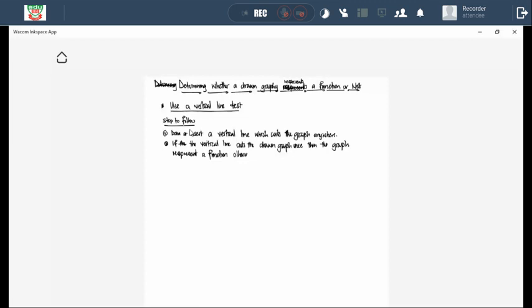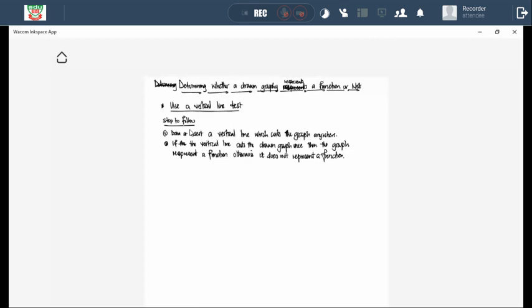Otherwise, it does not represent a function. What am I saying?